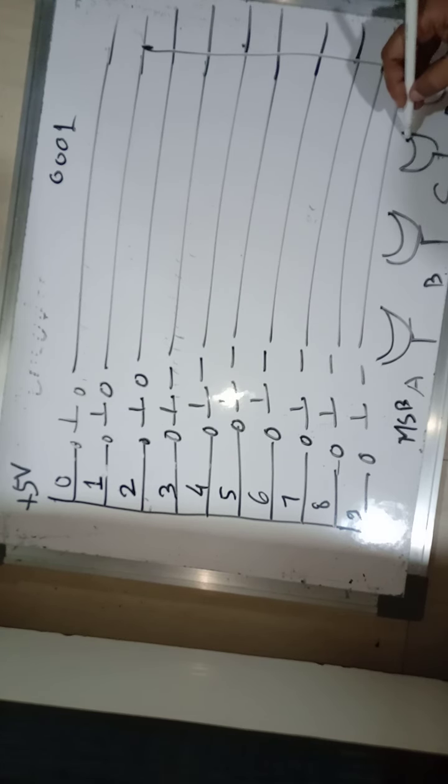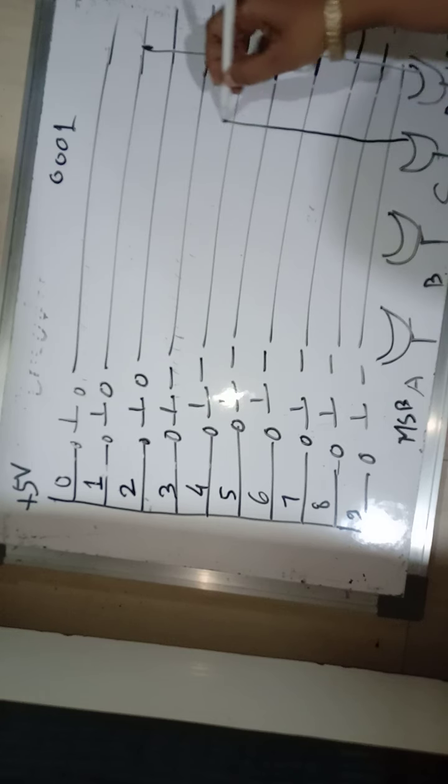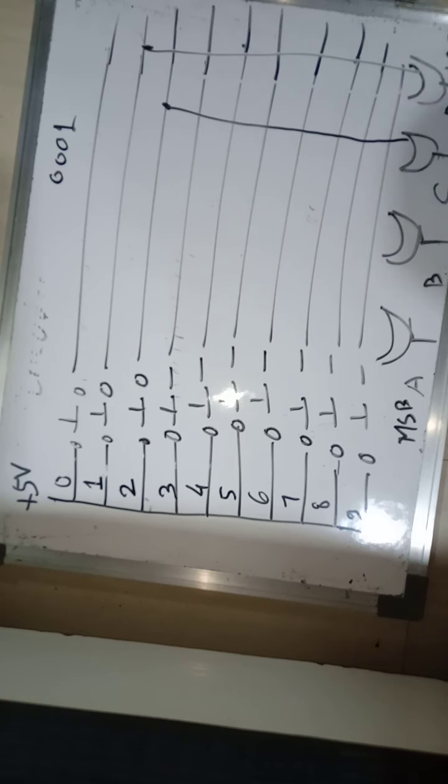Suppose 2. What is the binary number of 2? It is 0, 0, 1, 0. So this gate will connect to the high voltage. Now we have 3, that is 0, 0, 1, 1. So again only these two gates are connected to the 3.